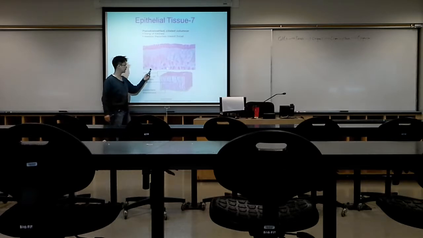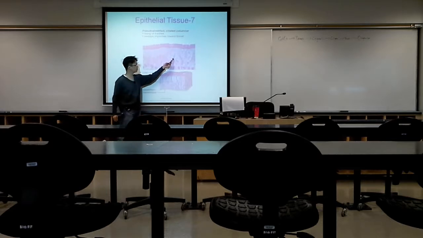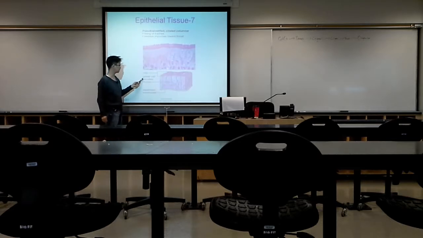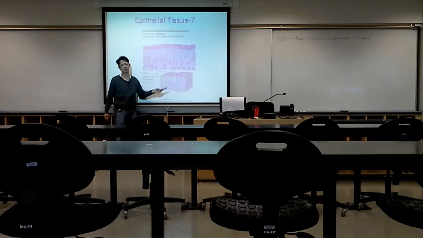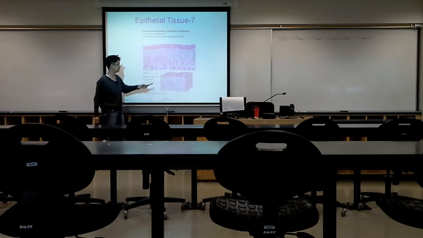Since they are attached to the same basement membrane, we consider them as one layer. And then you will see that there are some blue cells here. These blue cells we call goblet cells. Goblet cells are usually for secreting mucus to moisturize the surface of this layer of cells. And most importantly, there's something called cilia.